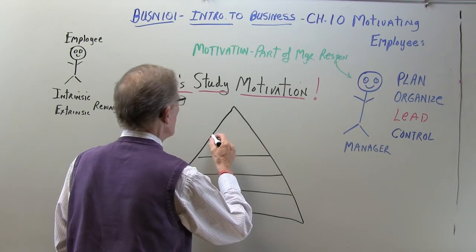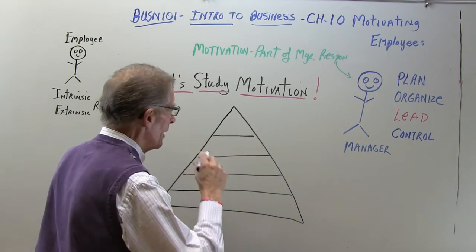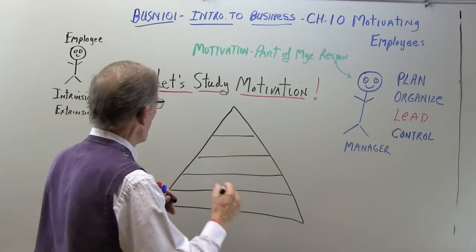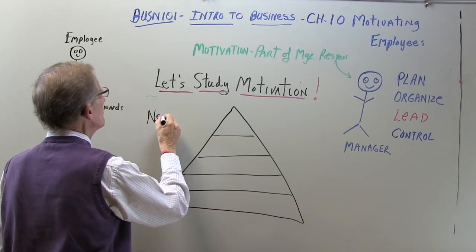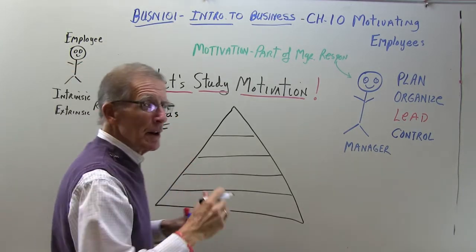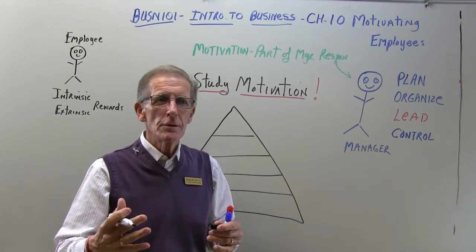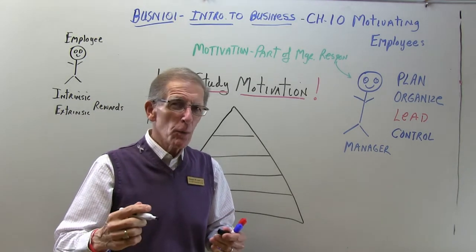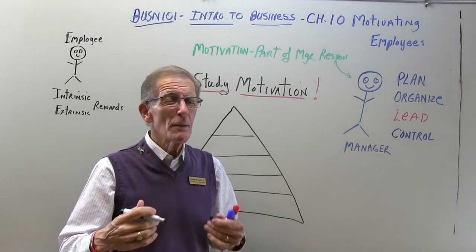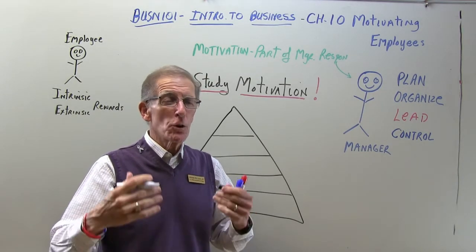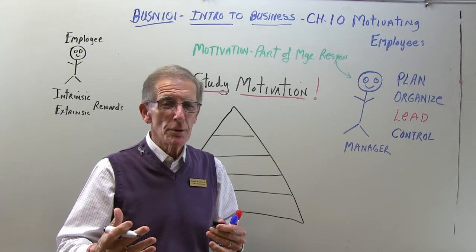Abraham Maslow, psychologist, said, you know what motivates people? Needs. Needs are what motivate us. If we have a need for something, if we're really thirsty, we have a need for something to drink, it's going to really motivate us to find something to drink.